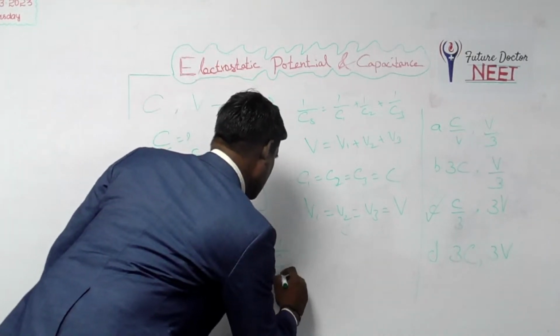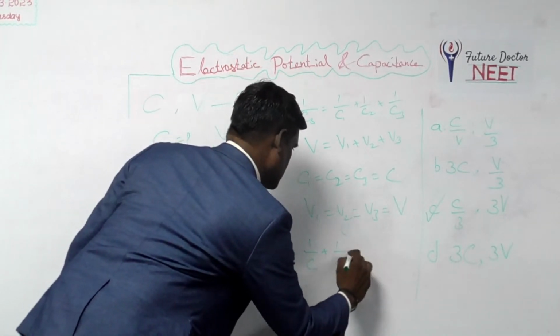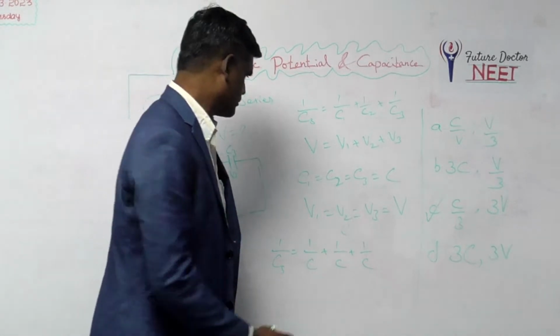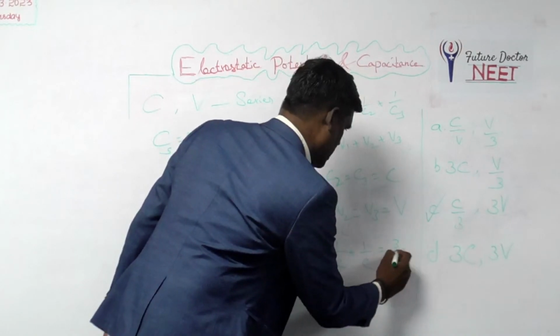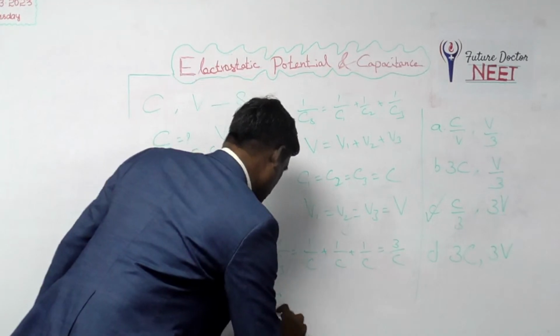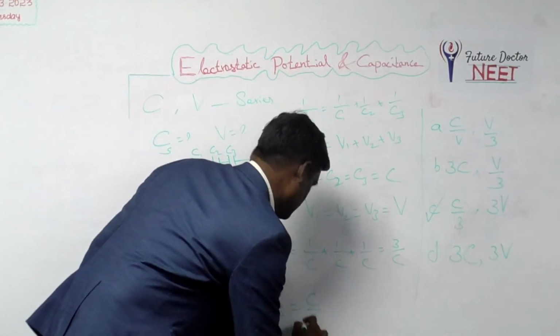1 by CS equal to 1 by C plus 1 by C plus 1 by C. That is 3 by C. 1 by CS equal to 3 by C, so CS equal to the reciprocal, C by 3.